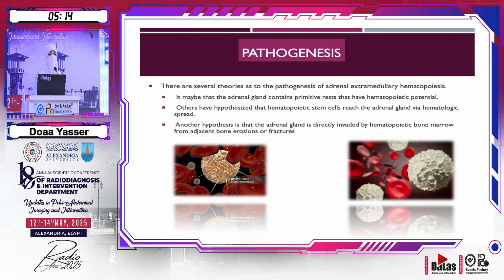How? Either the adrenal glands have rests of hematopoietic stem cells, like in the case of liver and spleen, that were reactivated later on, or by hematogenous spread, or even by direct invasion of those cells from the adjacent bone marrow of the vertebral bodies to the nearby adrenal glands.